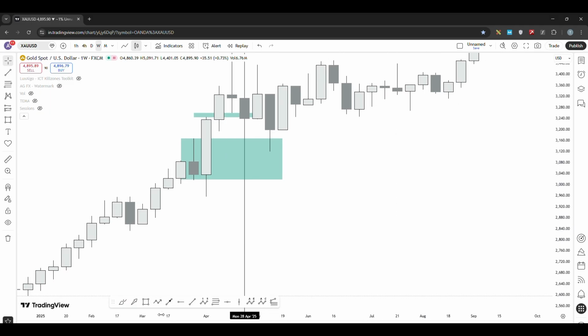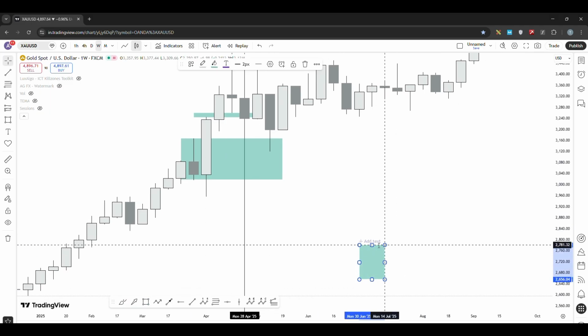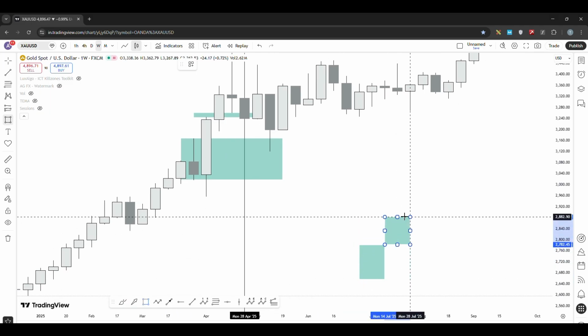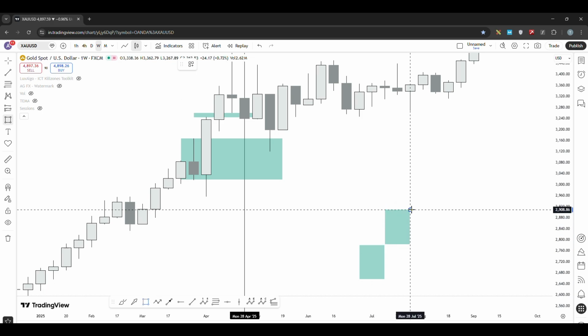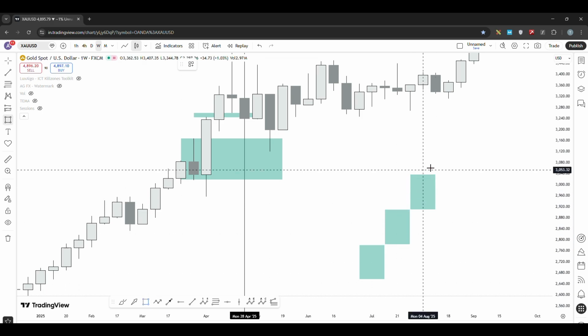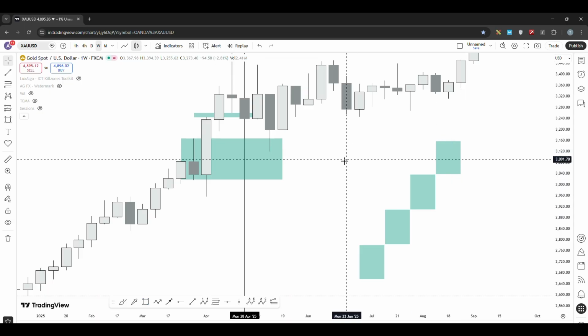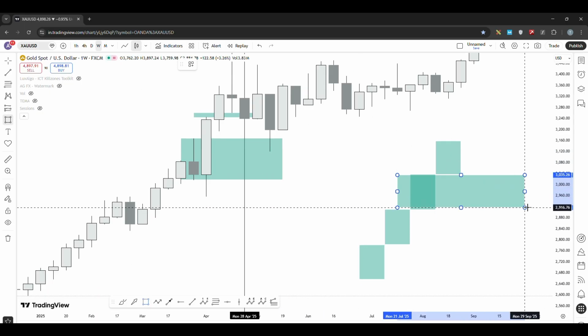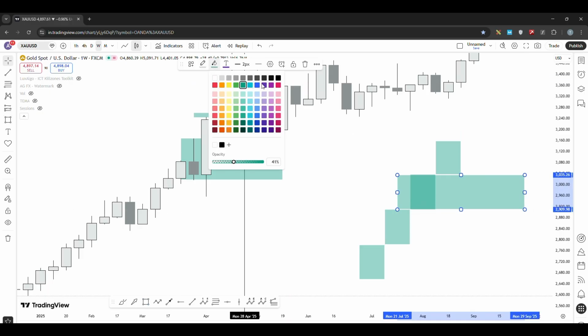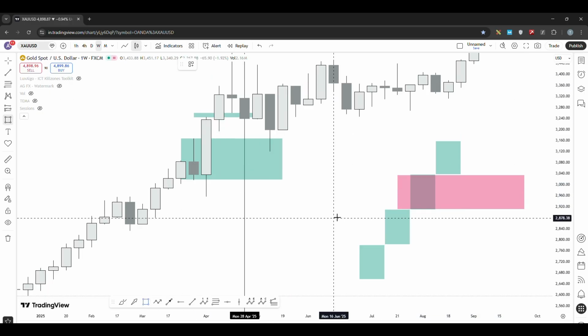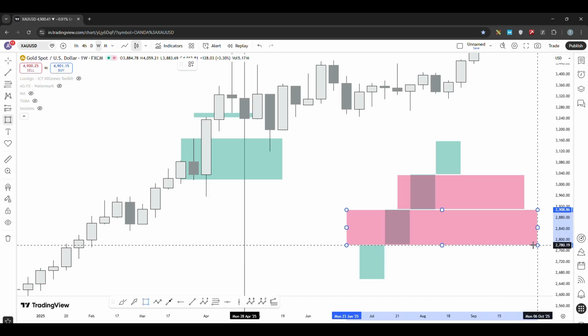Now remember, when you see multiple fair value gaps like this, let's say 1 candle, 2 candle, 3 candle, and let's say we have got another candle, 4 candles. So when you see multiple fair value gaps, in this case, this is a fair value gap, right? In this case, this is a fair value gap, right?